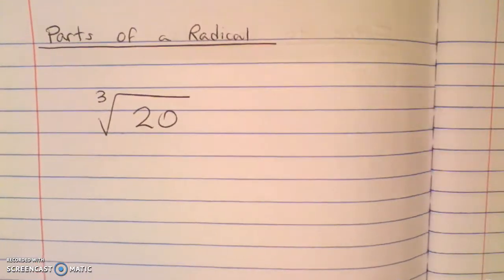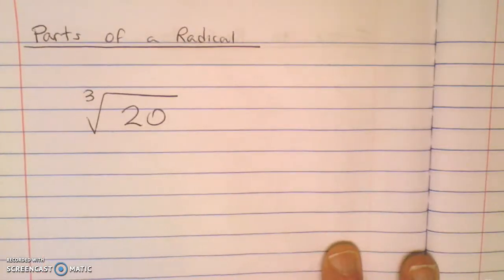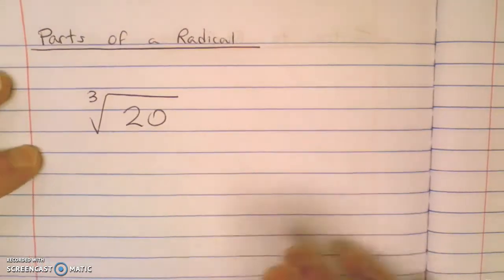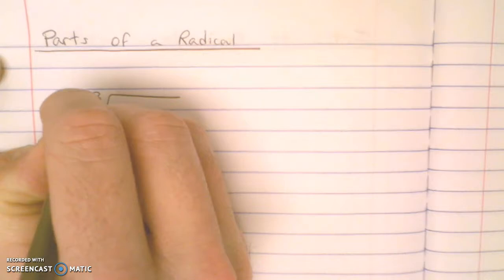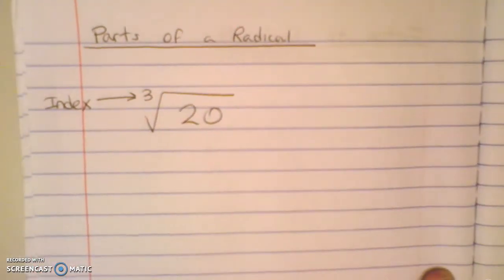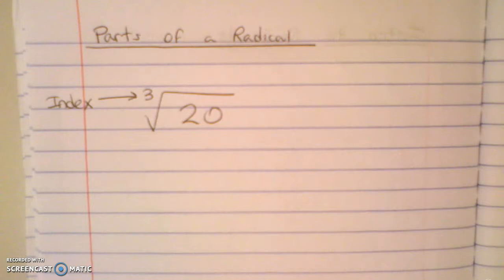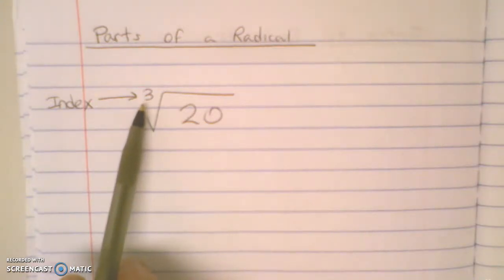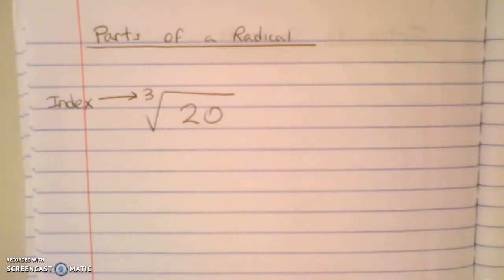It's not really a nice number to cube root, but we can break down some pieces of this symbol. So the first thing is the little number here in the corner, which is called your index. That just tells you what the root is of the radical. So in this problem, the index is 3, which means it's a cube root. So I'm looking for the number that multiplied by itself 3 times gives you 20.